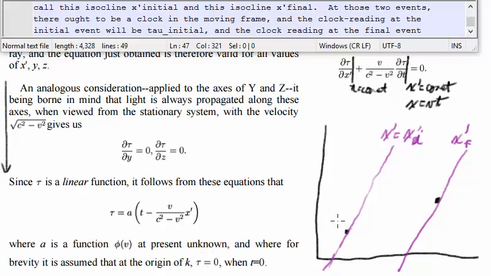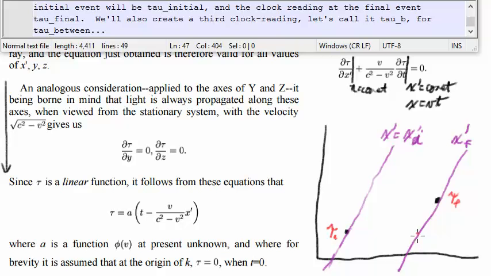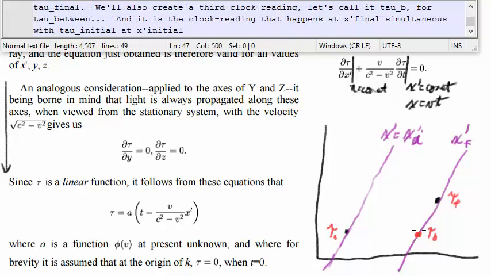At those two events, there should be a clock reading: tau sub initial at the initial event, and tau final at the final event. We'll also create a third clock reading right here, let's call it tau b for tau between. It is the clock reading that happens at x prime final simultaneous with tau initial at x prime initial.